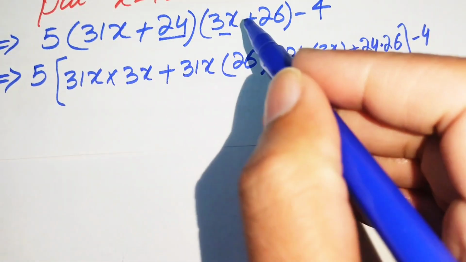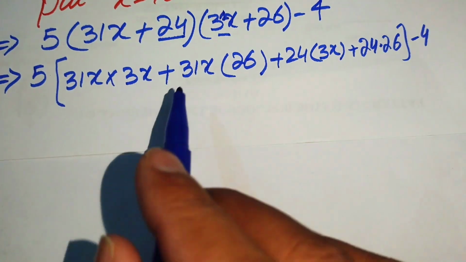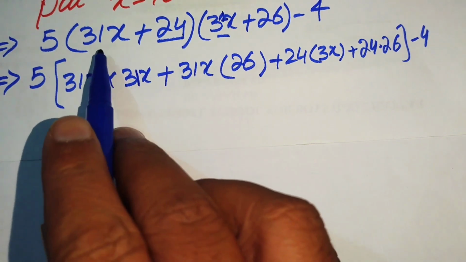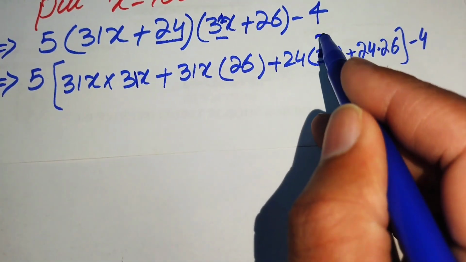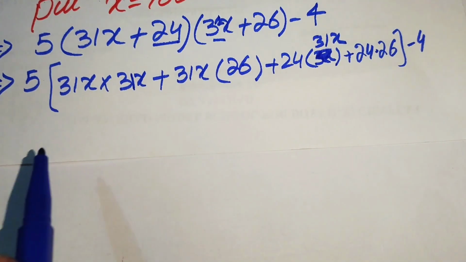So here we have a little mistake, because this is 31. Okay, so here you see that this is 31. So we multiply 31 by 31x, and similarly we multiply this 31x by 26, similarly 24 is multiplied by this 31x.